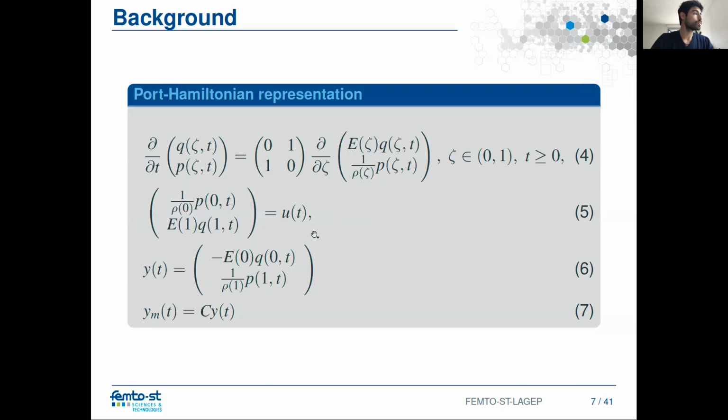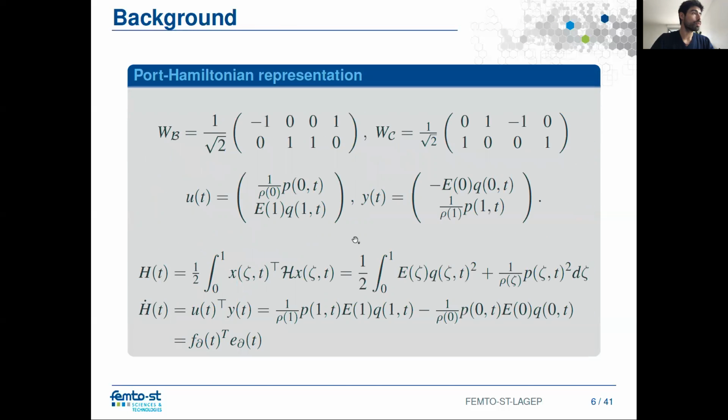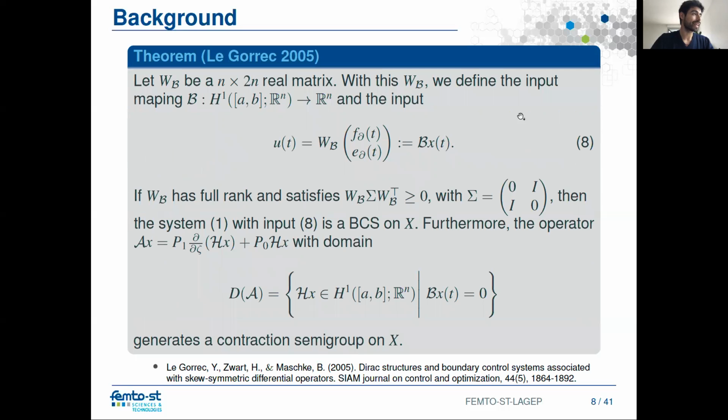Just to prove existence of solution, there is a theorem that says these boundary conditions are the good ones. So we have to prove that WB, the matrix WB, has full rank and satisfies this inequality.